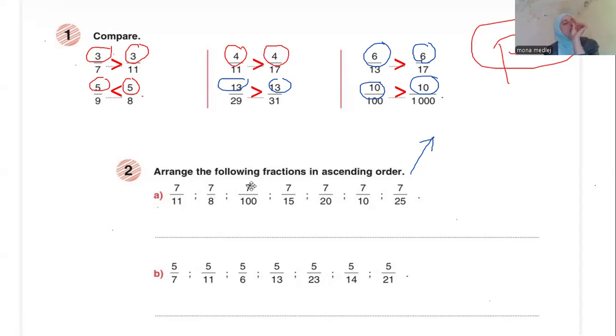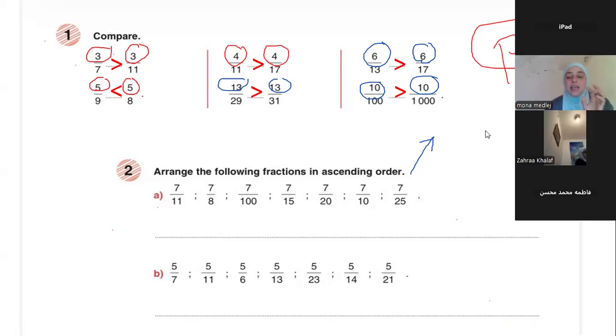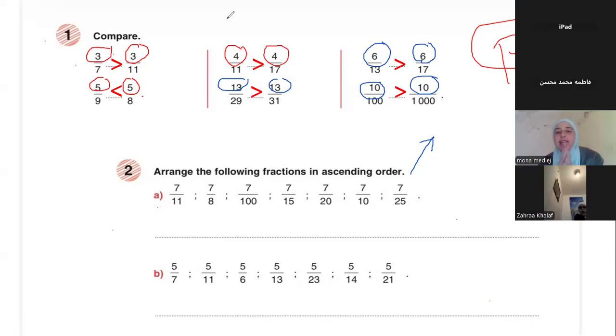Yani the smaller size, having smaller size of the piece. Pay attention. 7 over 100. Excellent. Why? Do you know why? 7 over 100, the smaller size of piece, the smaller fraction.